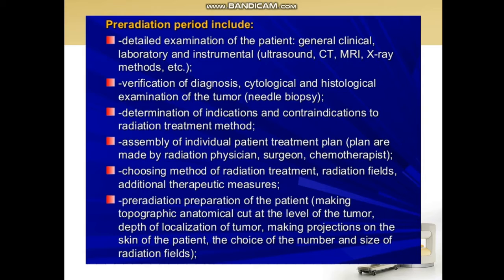First, the pre-radiation period. This period includes detailed examination of the patient: general clinical, laboratory, and instrumental methods. You know that recently, for diagnosis of malignant tumors, we can use different types of diagnostic imaging, such as computer tomography, magnetic resonance tomography, and different types of nuclear medicine imaging.